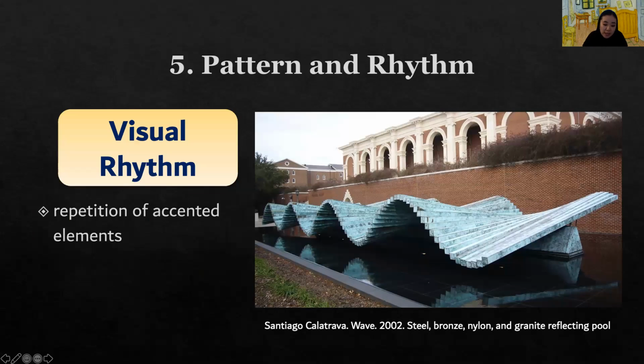Visual rhythm depends on the repetition of accented elements, usually shapes. So it literally shows a rhythm in a visual way, like this sculpture.